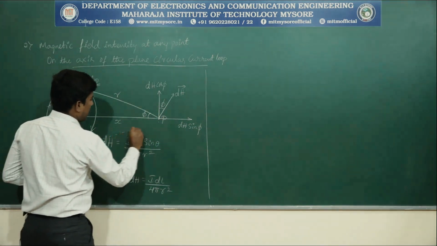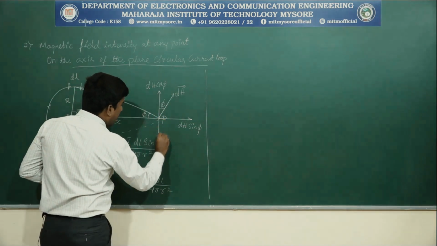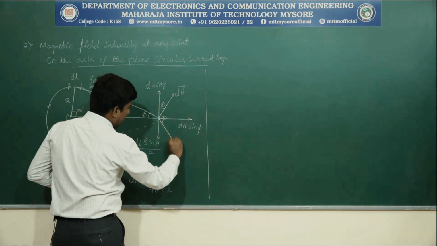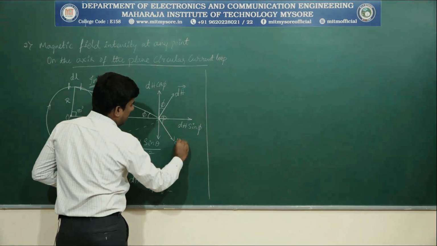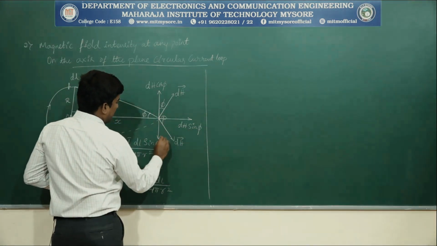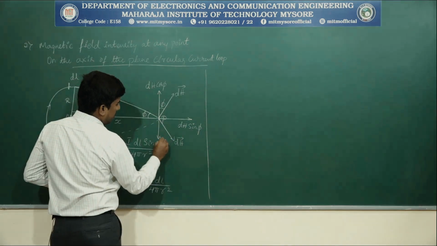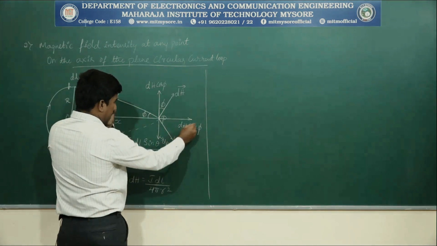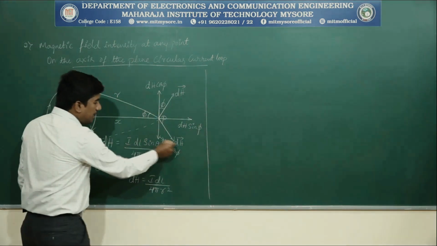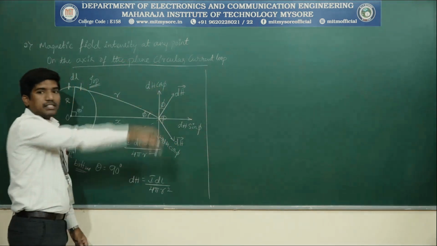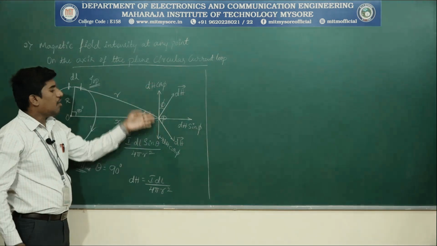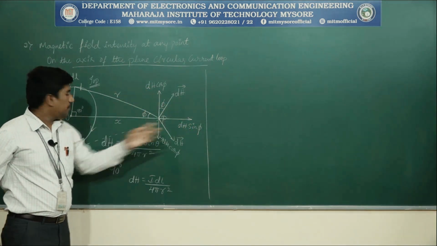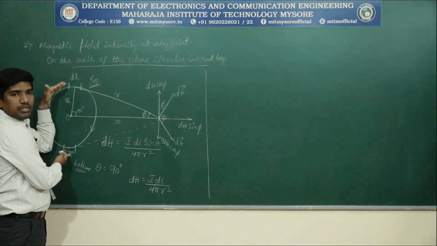Let me write here. This will be in opposite direction. This is dH cos phi, and this is dH, and this will be dH sin phi again. dH cos phi and dH cos phi get cancelled because they are in opposite direction, but dH sin phi gets added due to the diametrically opposite elements.